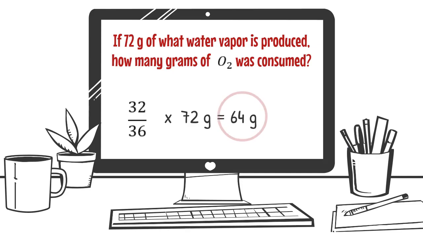The ratio 32:36 will always be the same, regardless of the total amount of the product. So once again, we use the ratio for oxygen this time, the oxygen to H2O ratio, and then we multiply by the total amount of the product that we got from our experiment, and then we can deduce how many grams of oxygen was actually consumed.